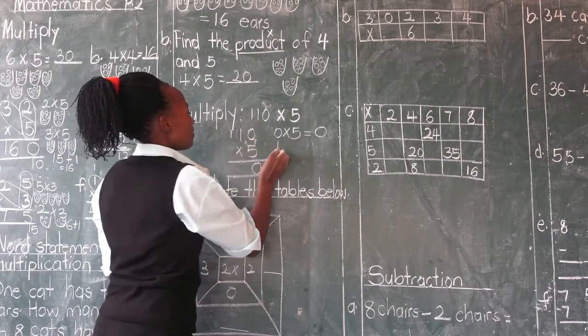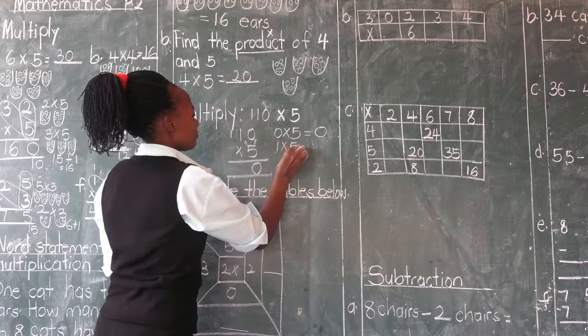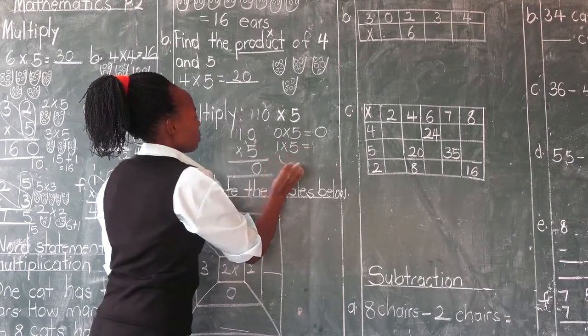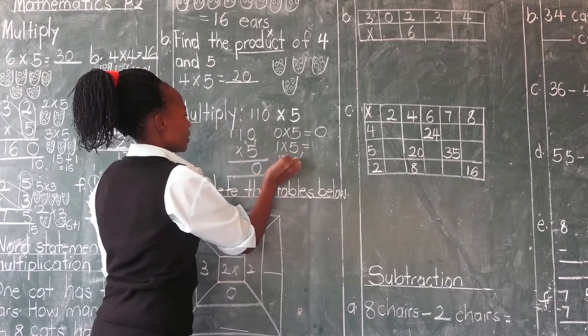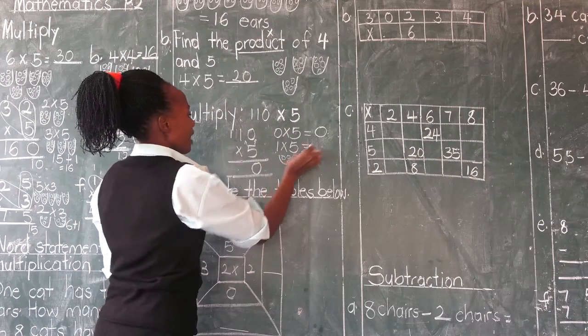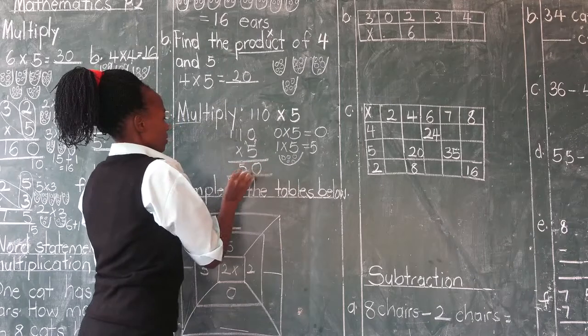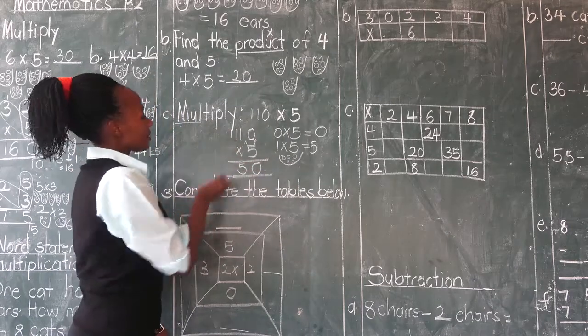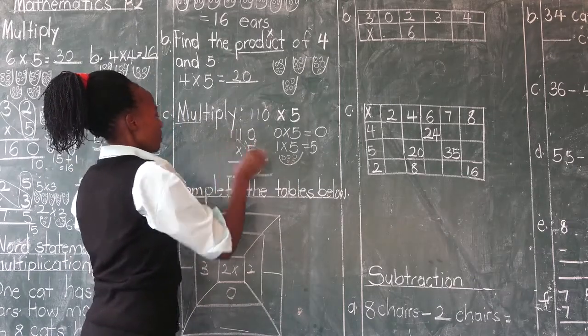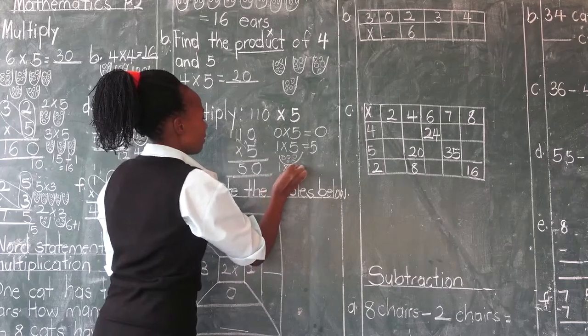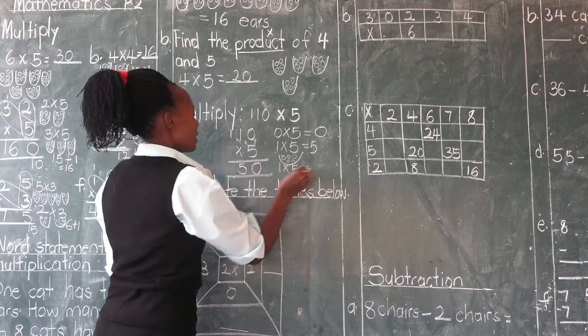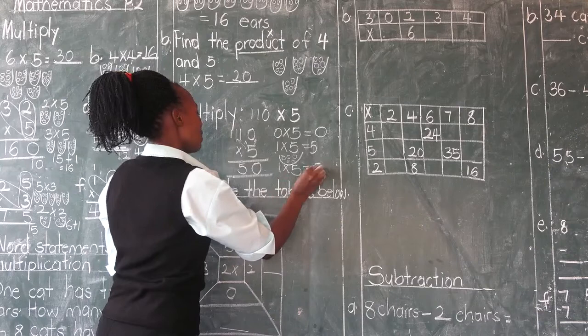There we shall have 1 times 5. One group of 5. 1, 2, 3, 4, 5. And our answer will be 5. We come to hundreds. There we have still 1 times 5, which is one group of 5, and our answer will be 5.